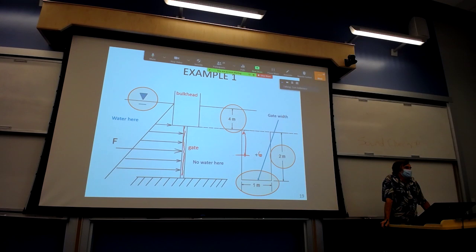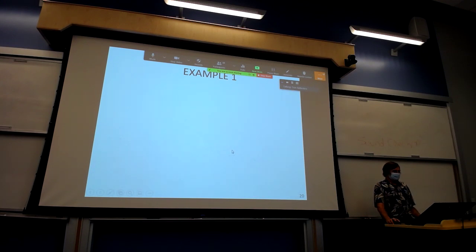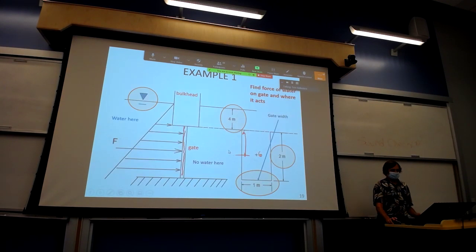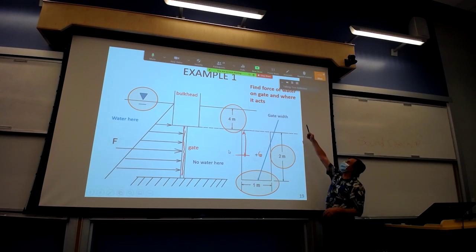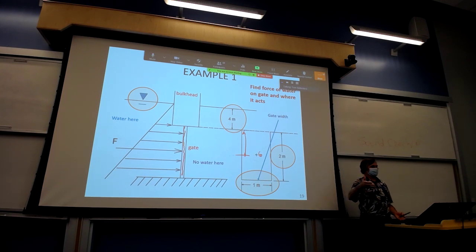And again, if we know where G is, and we know the fluid, we know the pressure at the center of area, and therefore we know the force. So the first thing you always want to do in these problems is recognize the information you're given. The problem is here, find the force of the water on the gate and where the force acts. That's what we're after. And this is a vertical gate, and in a vertical gate, theta is 90 degrees.